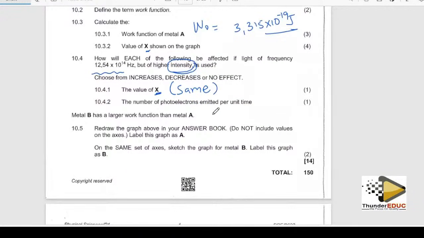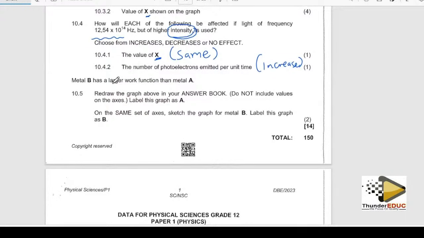Then 10.4.2, how about the number of photoelectrons emitted per unit time? This will increase, because as the intensity increases, the number of photons being released will also increase.